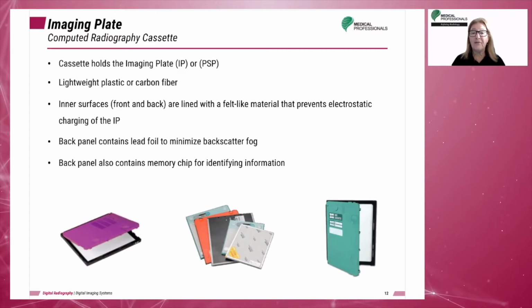The purpose of the lead foil is to reduce the amount of backscatter radiation that strikes the plate. Each CR cassette has a memory chip installed in the back panel that records patient demographics.